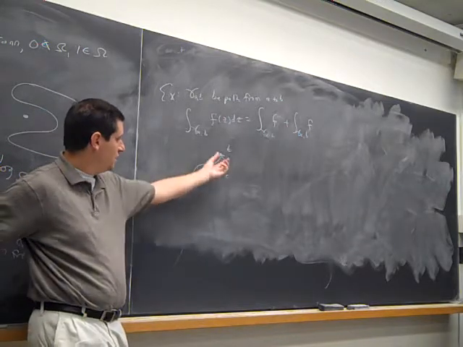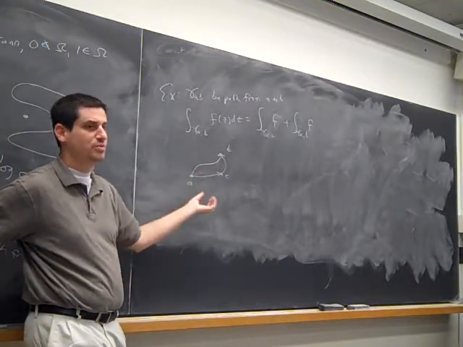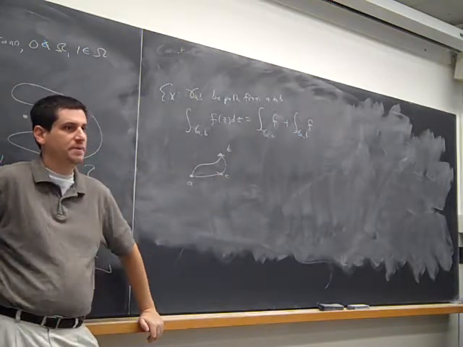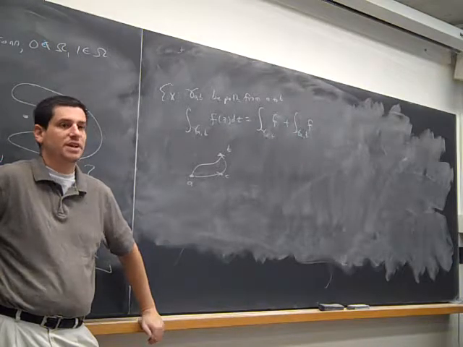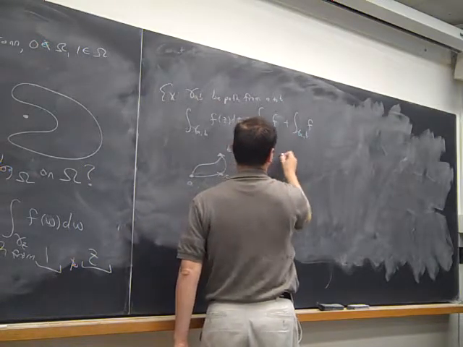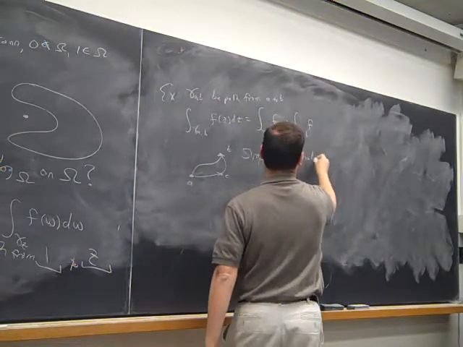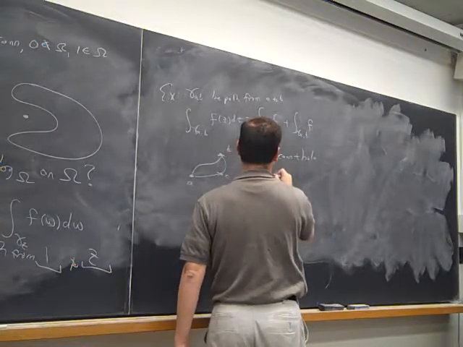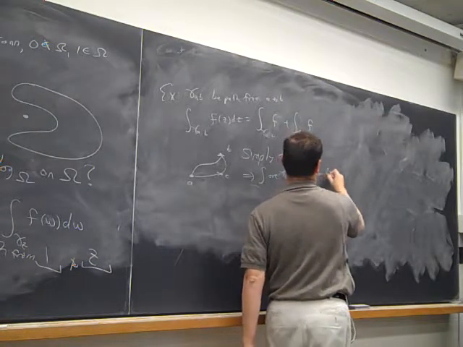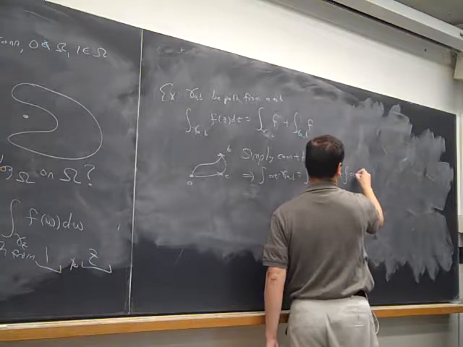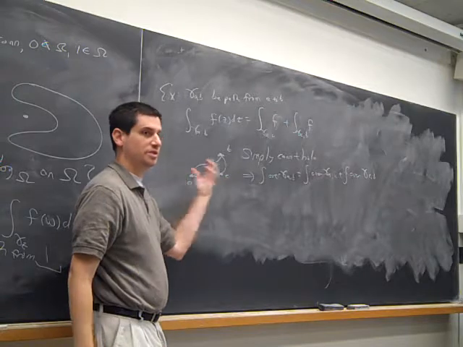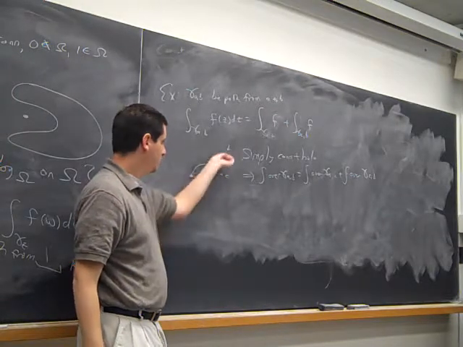Now, that's assuming that I have enough information at my disposal to say the integral over this curve is the same as the integral over that curve. Do I have that? Yes. It's simply connected and holomorphic. So, simply connected plus holomorphic, therefore the integral over gamma AB is the integral over gamma AC plus the integral over gamma CB. Right? That's why I'm using the results from earlier today. So the integral over this is the same as the integral over this.